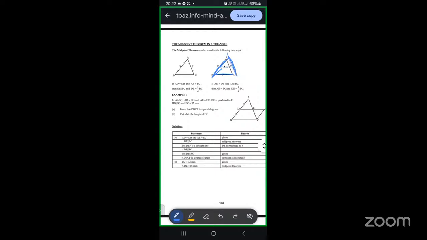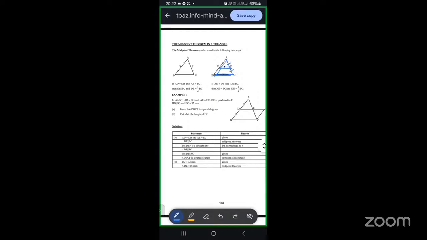You're only given that AD is equal to DB, and that DE is parallel to BC. That's when you can conclude that this line AE is equal to EC, and this line DE is half of BC. That's what I was saying about this second triangle.